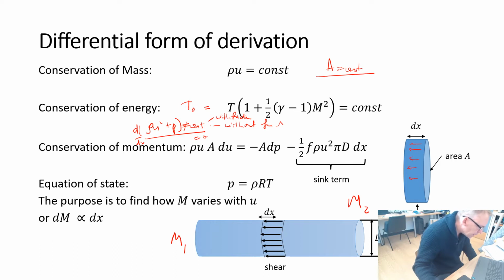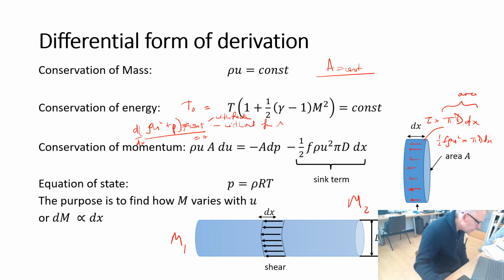If the width is dx, and the area is A, then the perimeter is going to be pi d, and the area on which the shear stress acts is this area of the element, and we've got tau times this. Now tau is a half f rho u squared, times pi d dx. So that's going to be the friction being applied, or the drag per unit length applied to the flow itself.